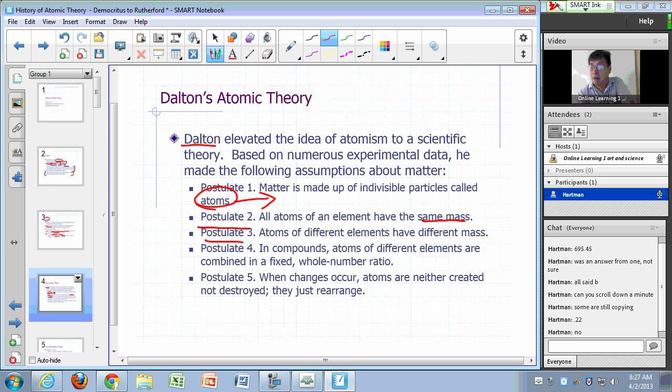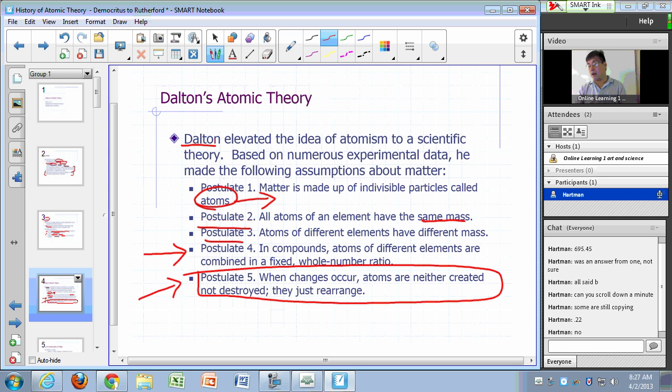Number 4 is still okay. In compounds, the atoms of different elements are combined in a fixed whole number ratio. And number 5 is pretty much okay, except that if you think of just losing and gaining electrons as not destroying the atom, what really happens in chemical change is the nuclei remain intact.